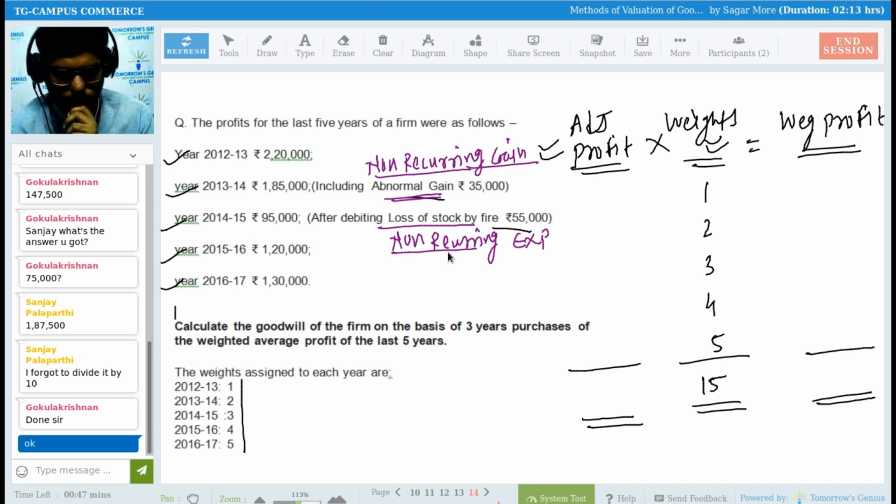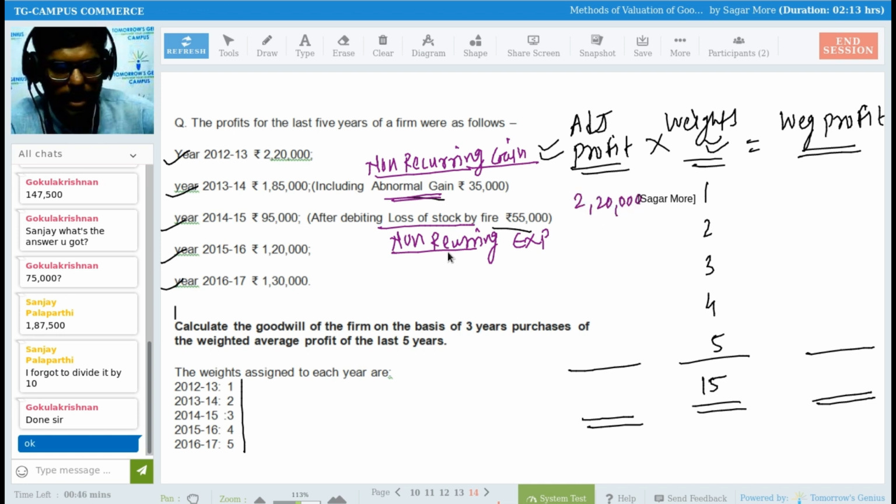Then Gokul, Sanjay, with adjusted profit. Yes, sir. The first year adjusted profit is 2,20,000 only, right? There is no adjustment.